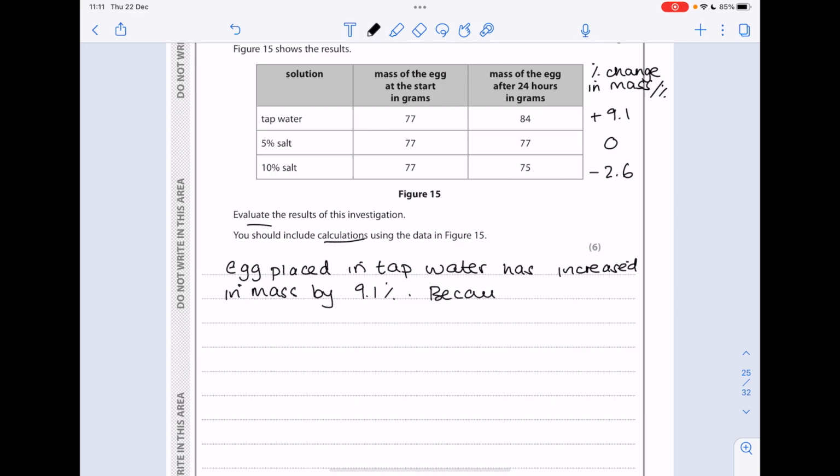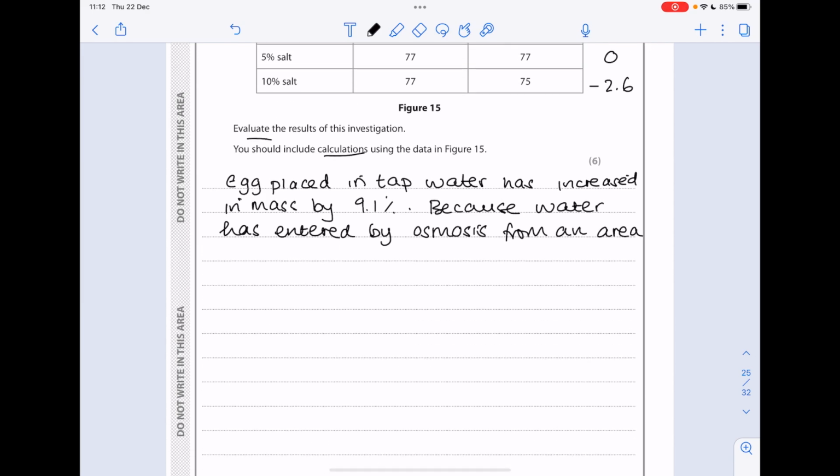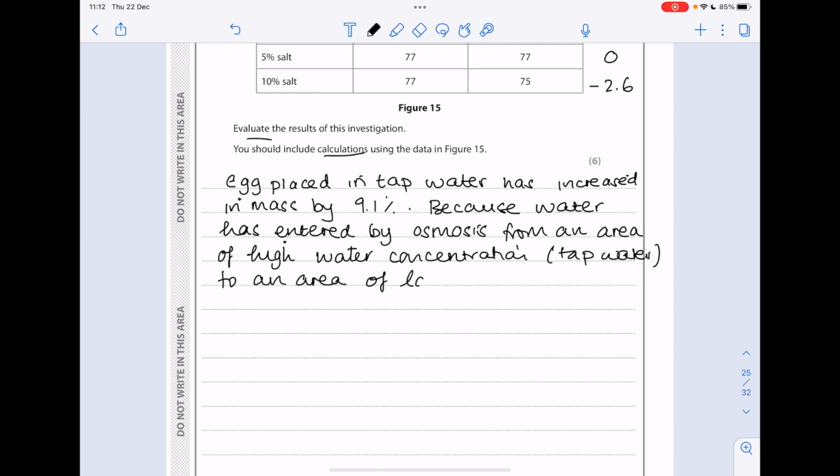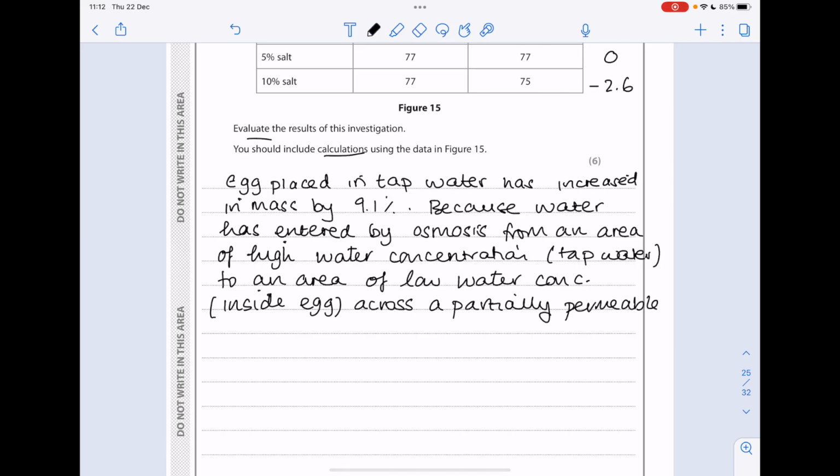Because water has entered by osmosis from an area of high water concentration, which in this case is the tap water, to an area of low water concentration, which is inside the egg, across a partially permeable membrane. So we're getting lots of science in there.